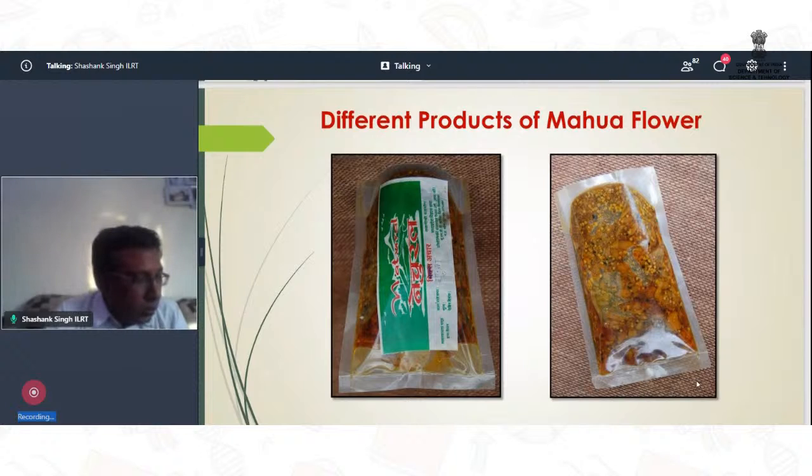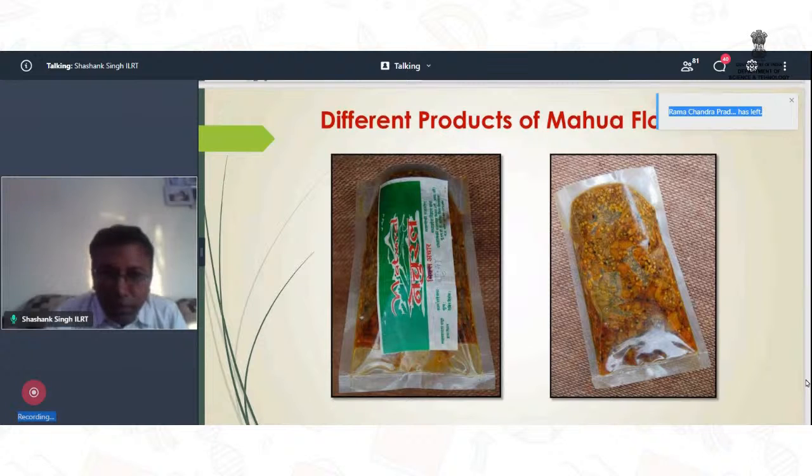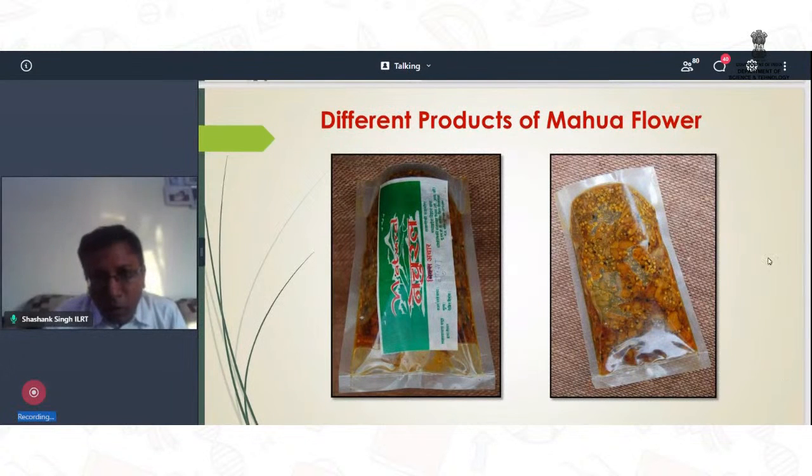These are gluten-free and higher in nutritional value. So the base is the mahua. They blended it with other kodu kutki material, and it's a new product created using the mahua flowers. And these are all being made by the tribal people who have been trained there.